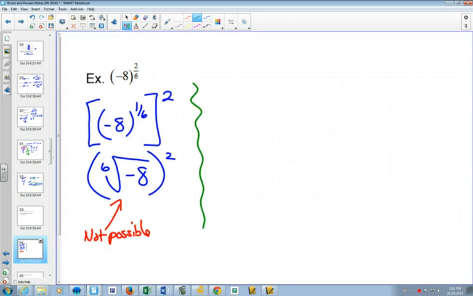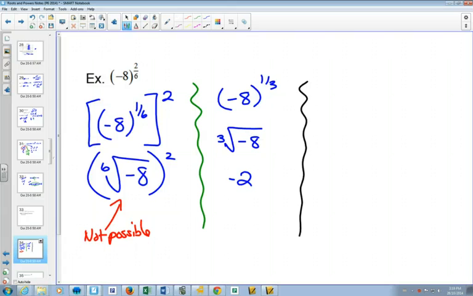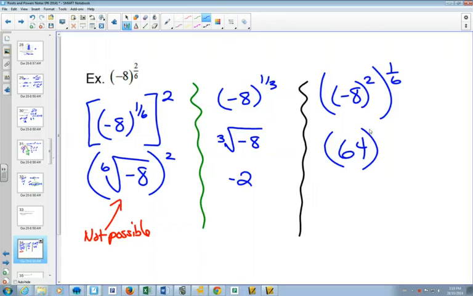If you reduce it to 1/3 first, -8 to the 1/3 is the same as the cube root of -8, which is -2. If you didn't reduce it, but you squared it first, -8 squared, and then did to the 1/6, -8 squared is 64, positive, because a negative times a negative would be positive, to the 1/6.